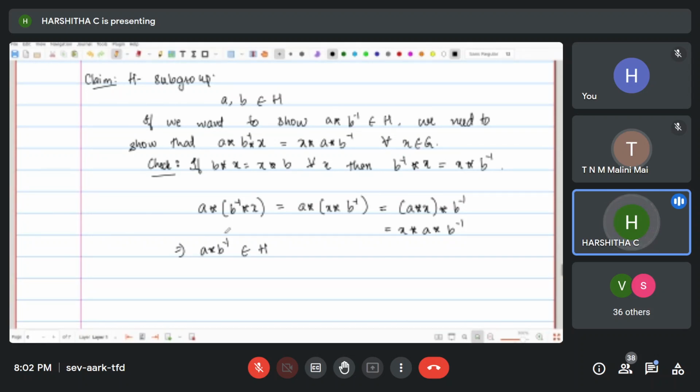But the more important thing is, is it an abelian subgroup? So is H abelian? So this, I think many of you have guessed rightly.